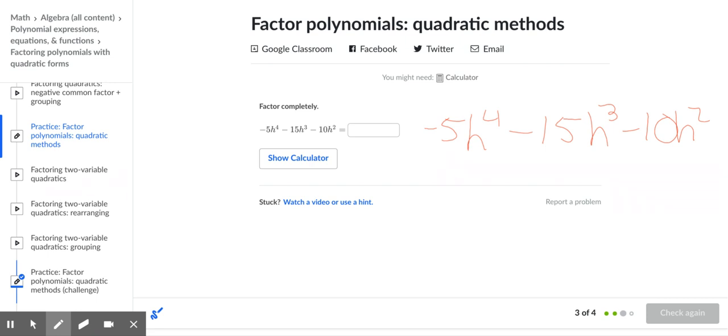So my next step is going to look like -5h squared times something. To figure out my something, I'm just going to divide everything by -5h squared.